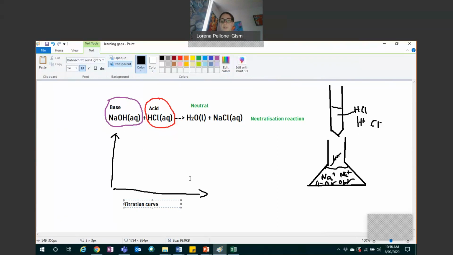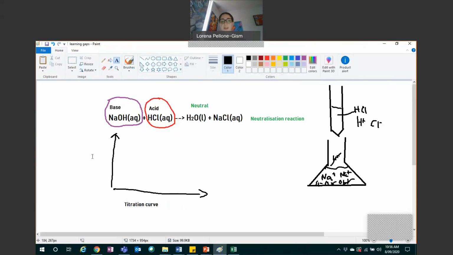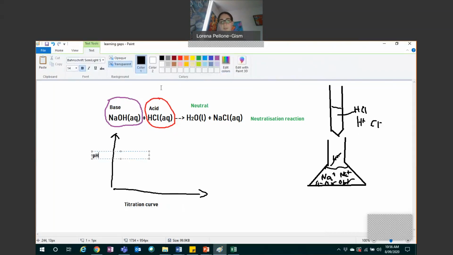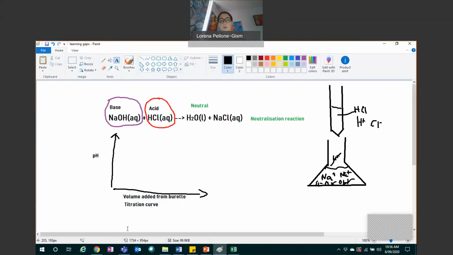And a titration curve just measures the pH versus the volume added from the burette. So it's only interested in what's in the burette, and remember that the burette's up at the top there. So the pH starts off high.